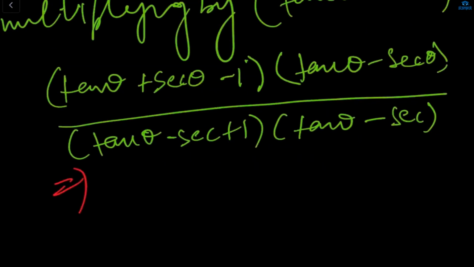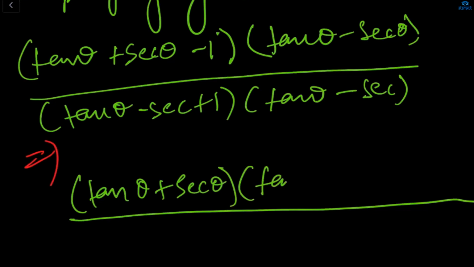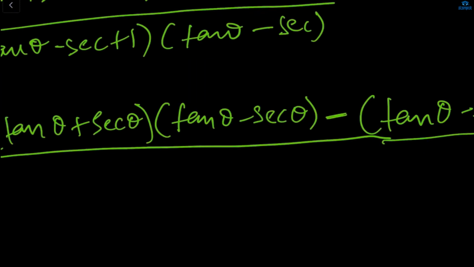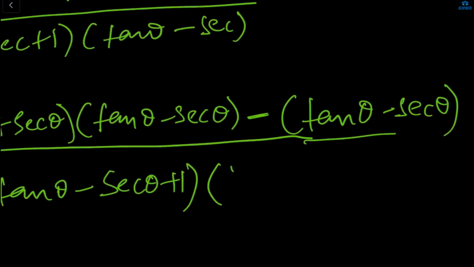Because tan theta plus sec theta multiplied by tan theta minus sec theta lets you cancel terms. The other term is minus 1, so I'll simply copy the terms. In the numerator, I'm leaving everything as it is: tan theta minus sec theta plus 1 and tan theta minus sec theta.